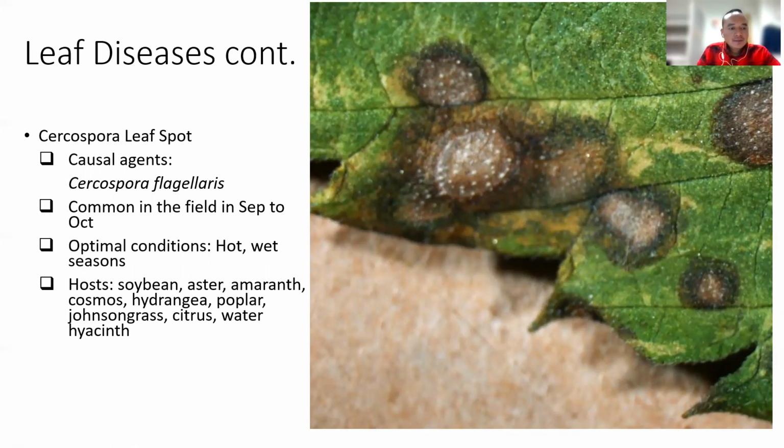And this usually occurs in the field in September to October. So this is a kind of late season disease when temperature is higher in the fields. And the host range of these pathogens is very wide, including soybean, amaranth, which pigweed is in, and several grasses.